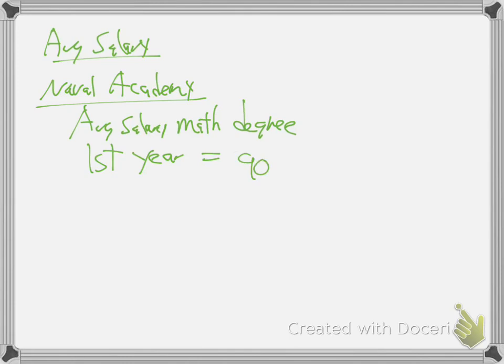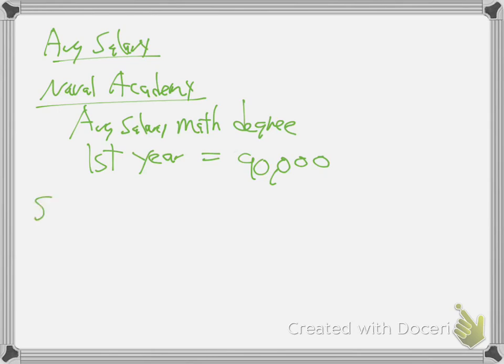It was $90,000. First year out of the Naval Academy, $90,000 average salary. Okay, so if you're going to go to the Naval Academy, and you're thinking, maybe I should major in math or something, because look at that average salary coming out. Now, I'm making it up. I don't know these are exact numbers.